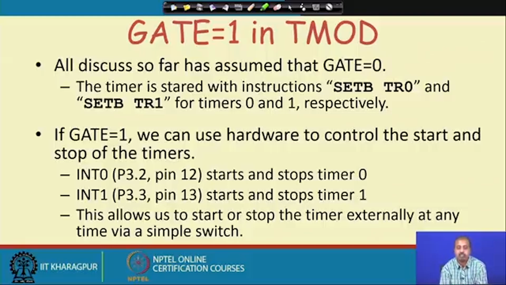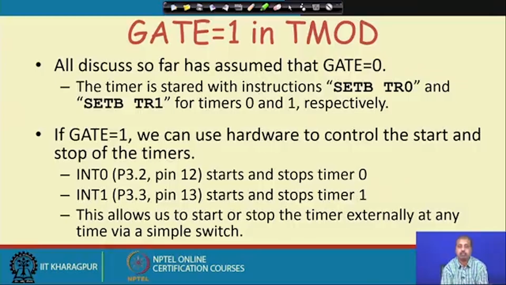Now, if gate is equal to 1, we can use the hardware to control the start and stop of the timers as well. Many times that is useful, and it is done by the INT0 and INT1 pins. INT0 is pin number 12, port 3 bit number 2, and INT1 is pin number 13, port 3 bit number 3.